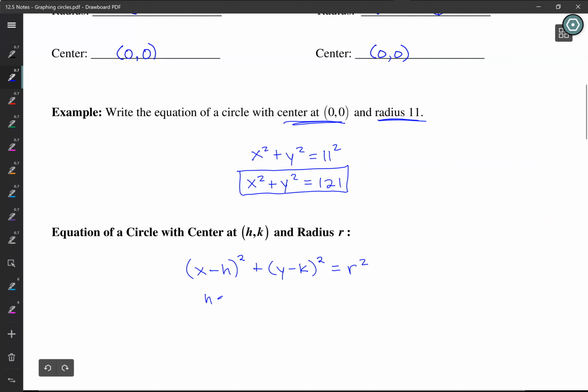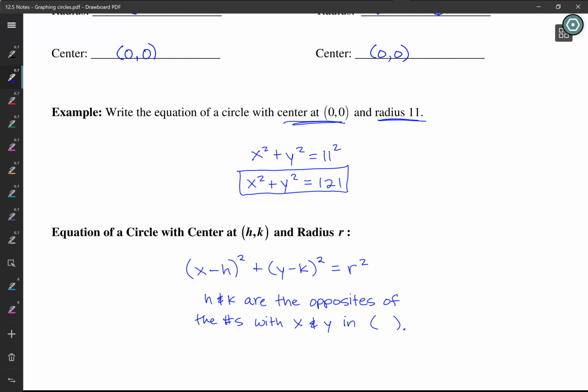So h and k are the opposites of the numbers with x and y in parentheses.